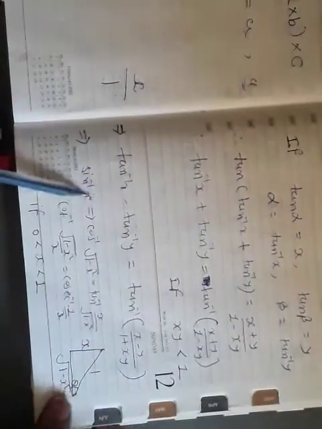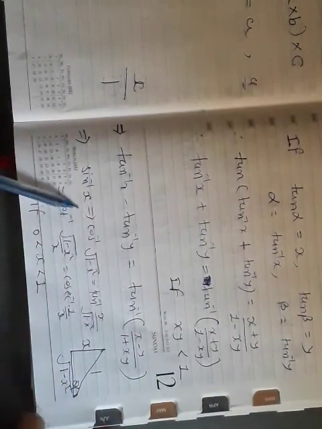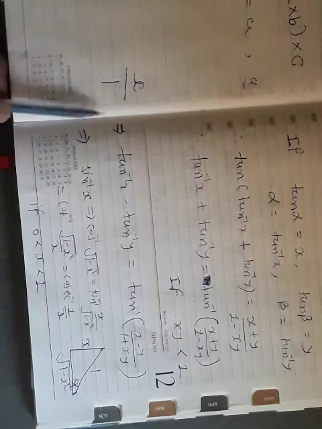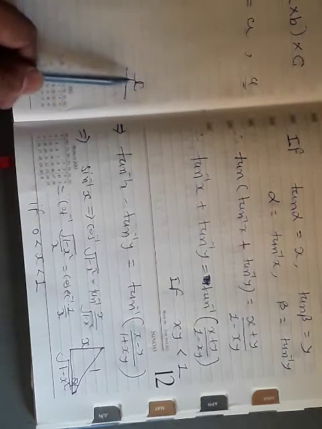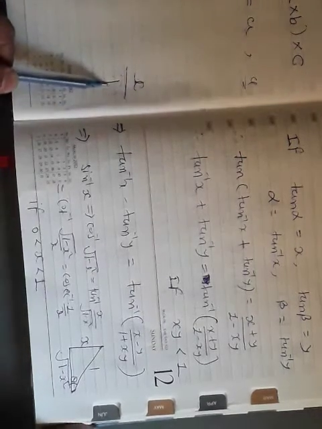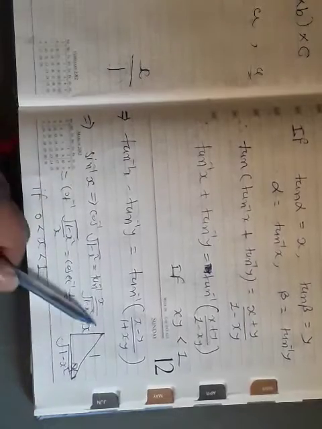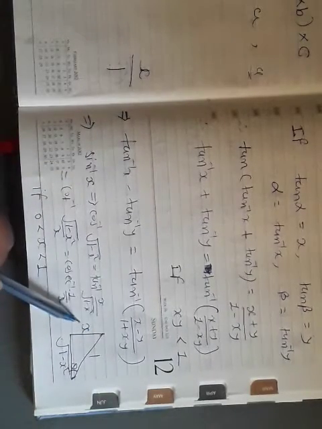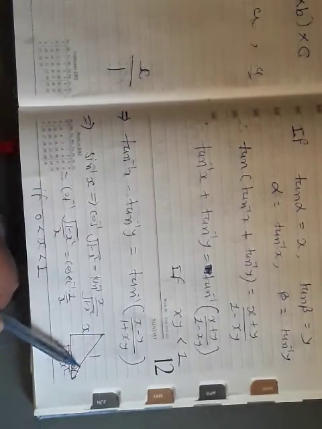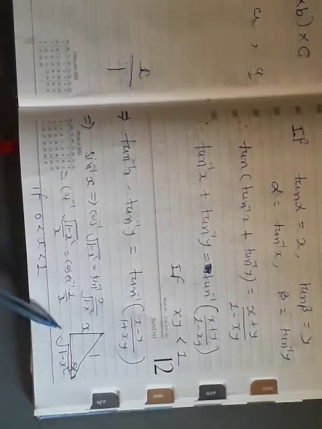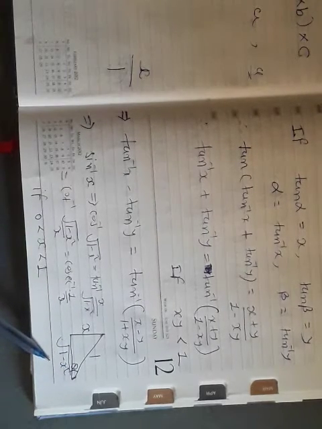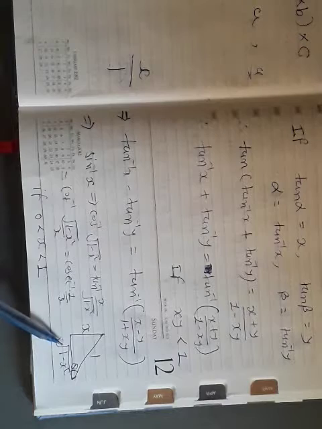Now if I take this x as the value of sine, sine is opposite upon hypotenuse. So in the triangle, if I take this side as opposite side and this side as hypotenuse, by Pythagoras the adjacent side becomes under root 1 minus x square.